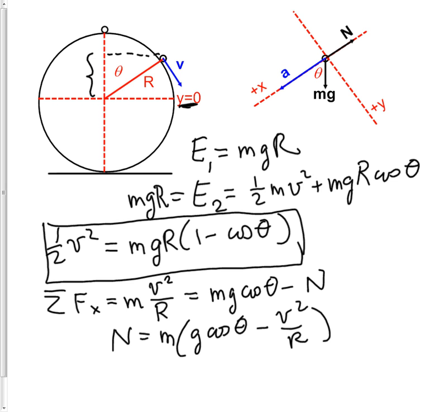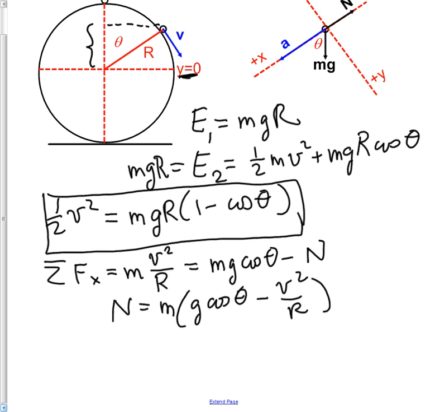So what we have found out here is that v squared is equal to rg cosine theta.